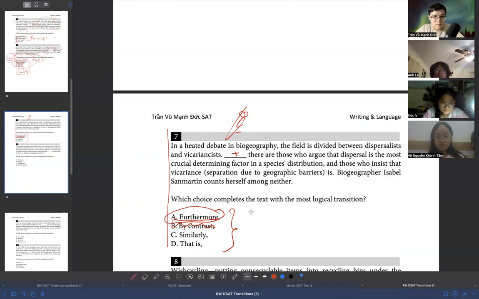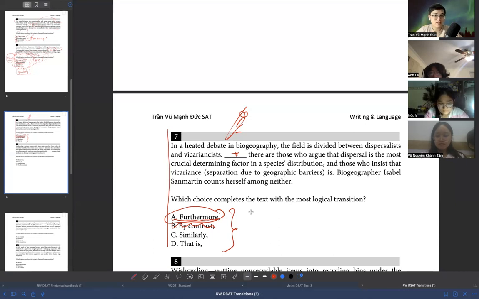How about similarly? I just said it. Is that an example? No, similarly is the same as likewise. You see, transitions are not really easy when it comes to the digital SAT.